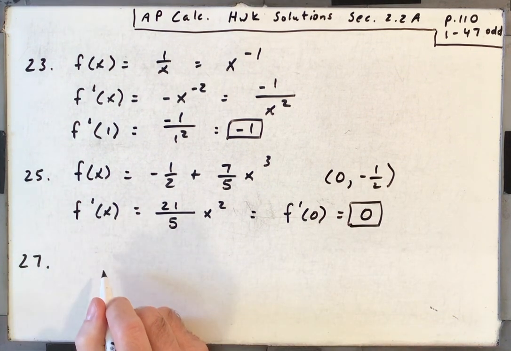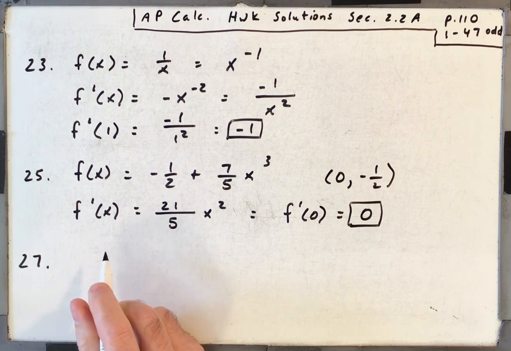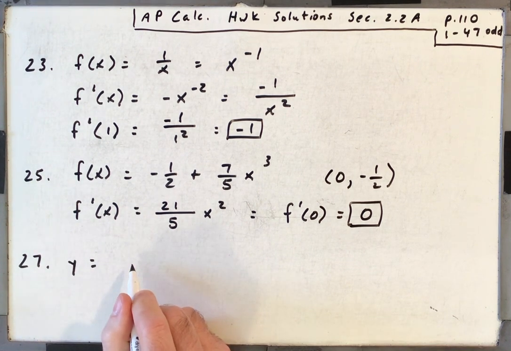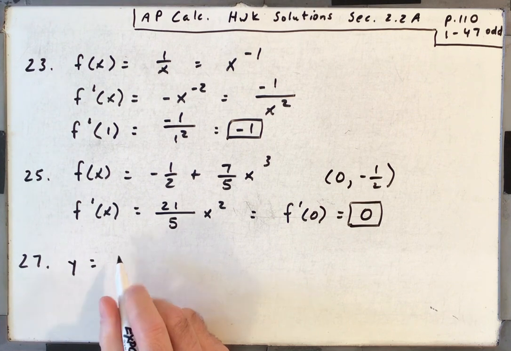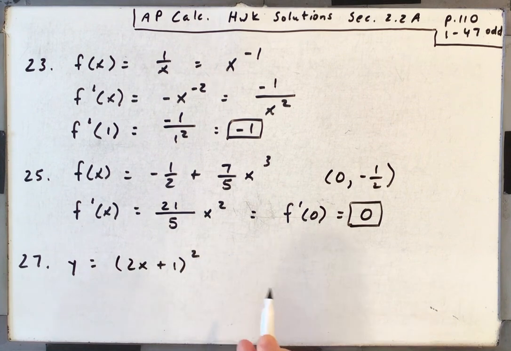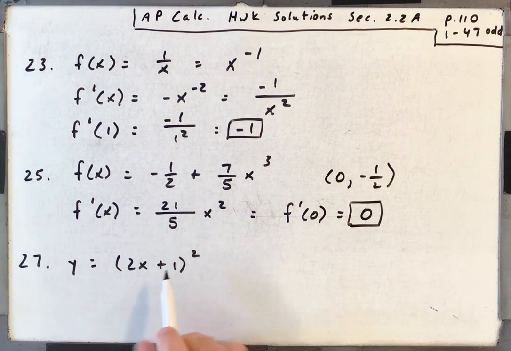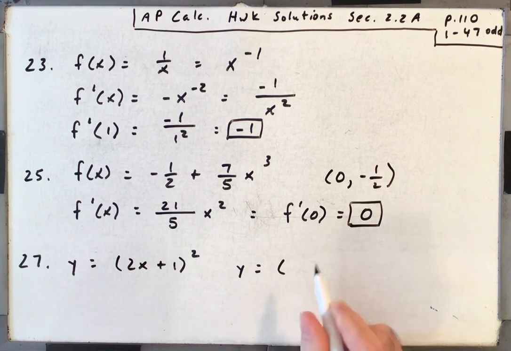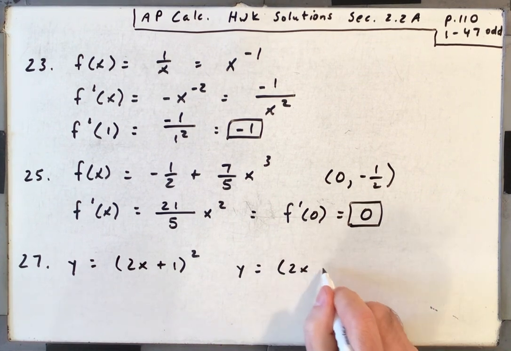27. All right, we've got y is equal to 2x plus 1 all squared. Okay, I've got a rule to show you how to do this, but first, we don't know that rule yet, so let's FOIL this out.